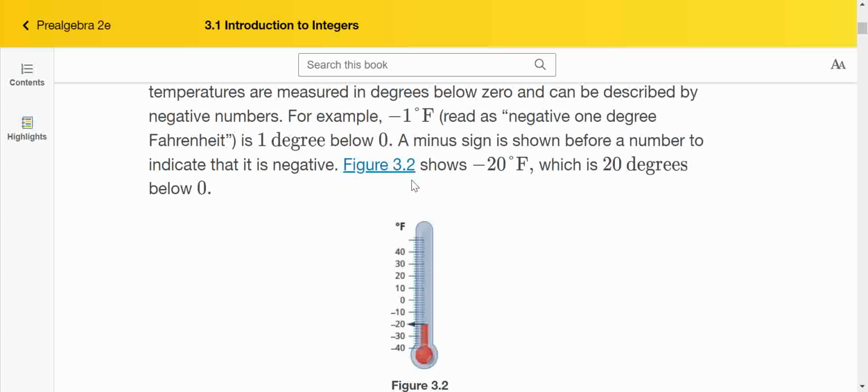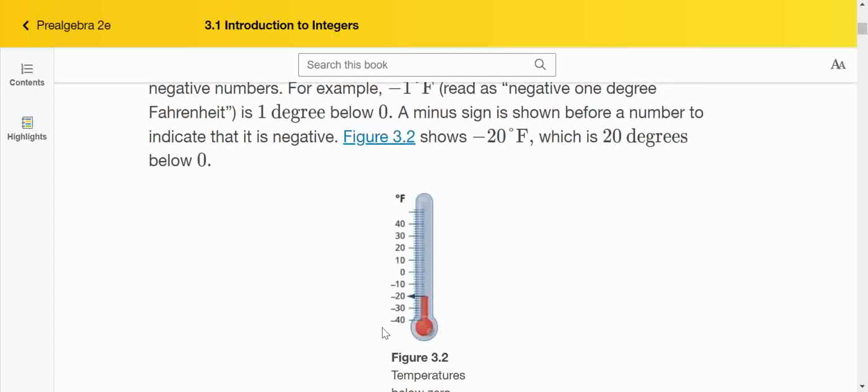Figure 3.2 shows minus 20 degrees Fahrenheit, which is 20 degrees below 0. Figure 3.2. Temperatures below 0 are described by negative numbers.